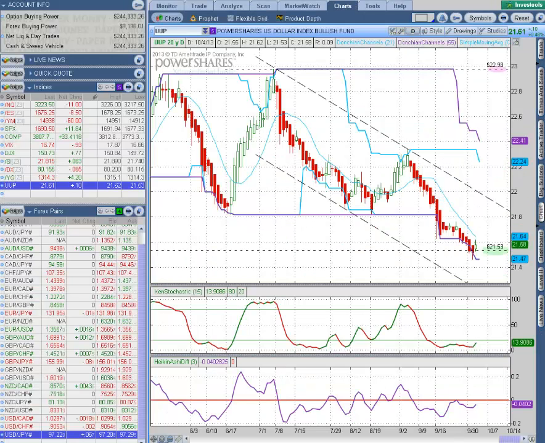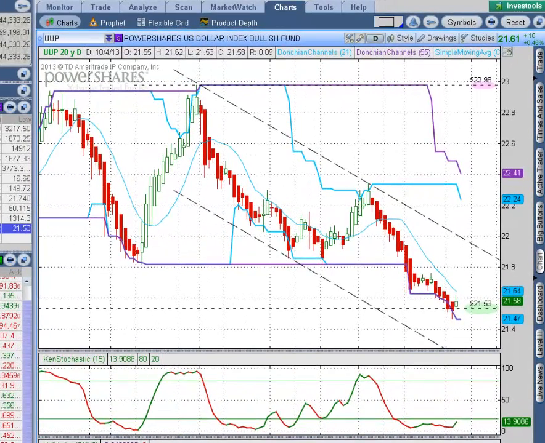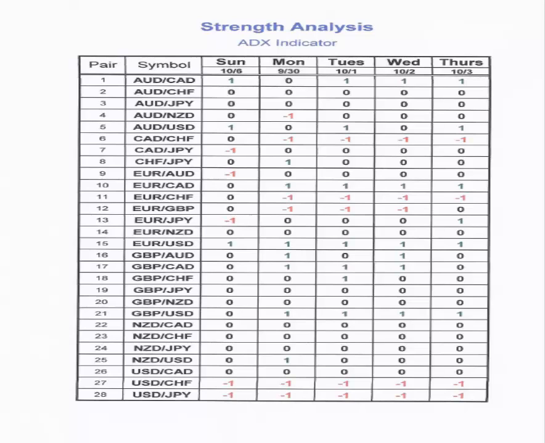The second index we'll monitor is for the strength of the US dollar. We use the PowerShares US Dollar Index to do this. This is important because the dollar's strength can give us an indication of which direction the US dollar Forex pairs will move.